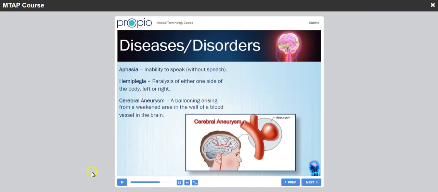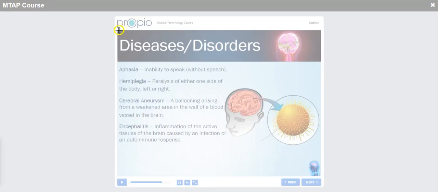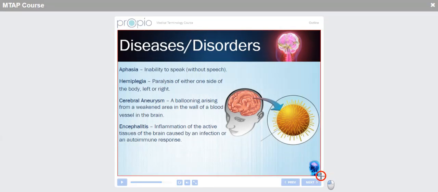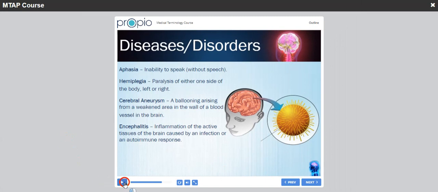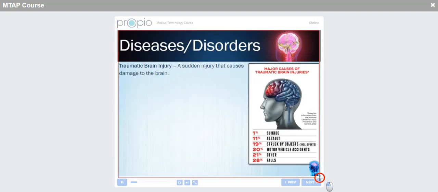Spinal cord injury is damage to the tight bundle of cells and nerves that sends and receives signals from the brain to and from the rest of the body. Bell's palsy is an unexpected episode of facial muscle weakness or paralysis.